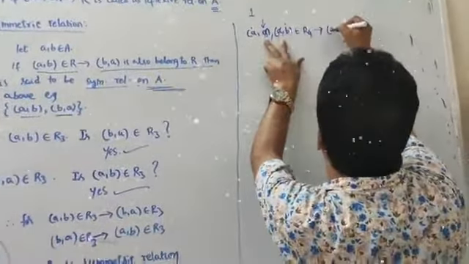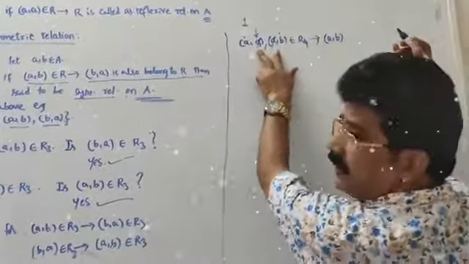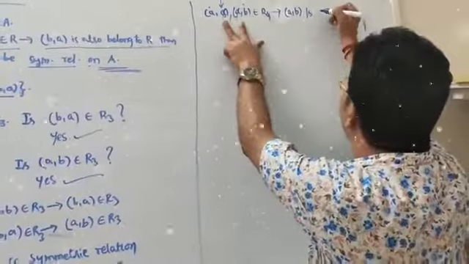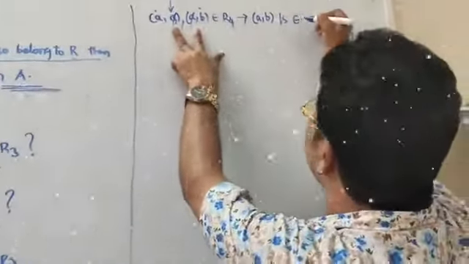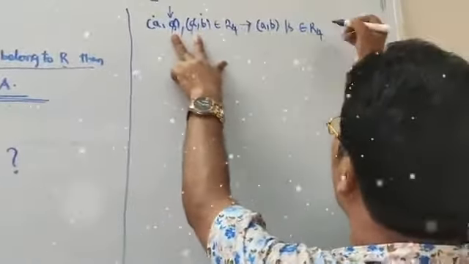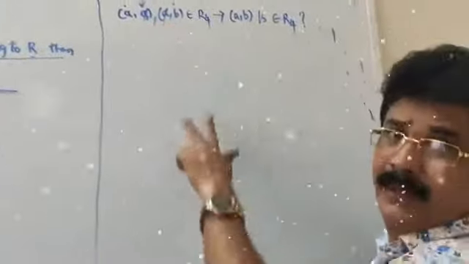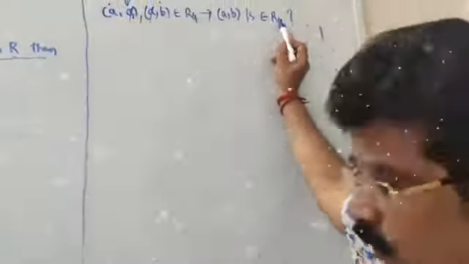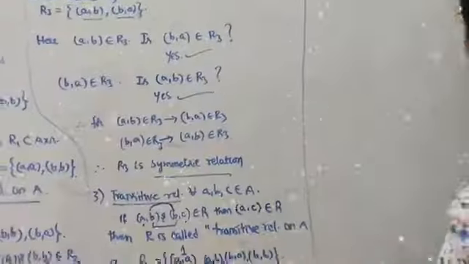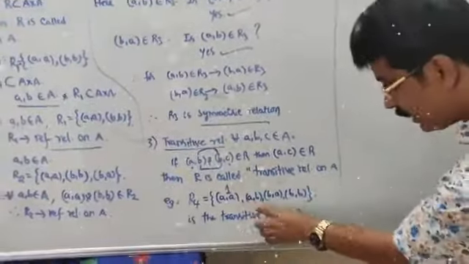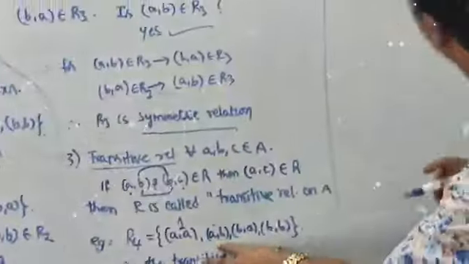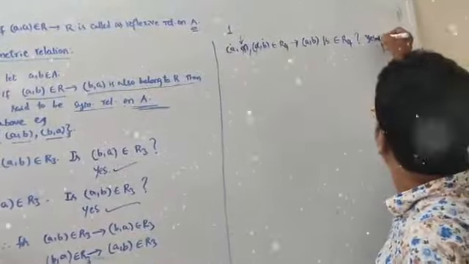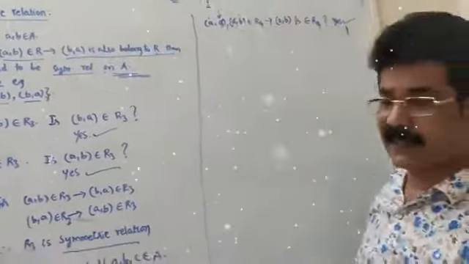A comma B. I am asking one question: does (A, B) belong again to R4? You come here, A comma B is there. So for the first, the answer is yes.